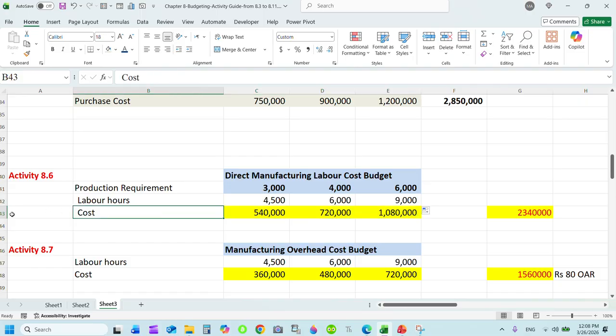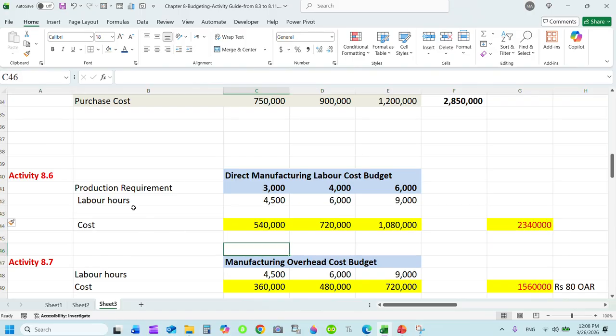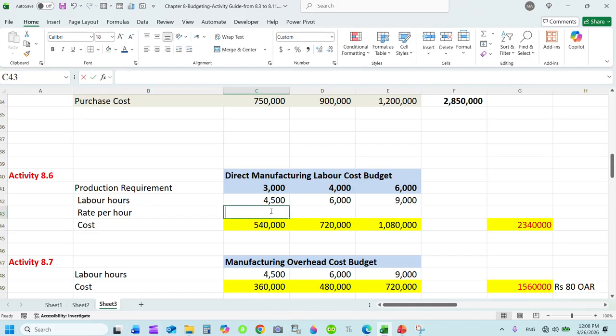And then labor cost, rate per hour. In this case 120, which is going to be constant. So you can just put 120.